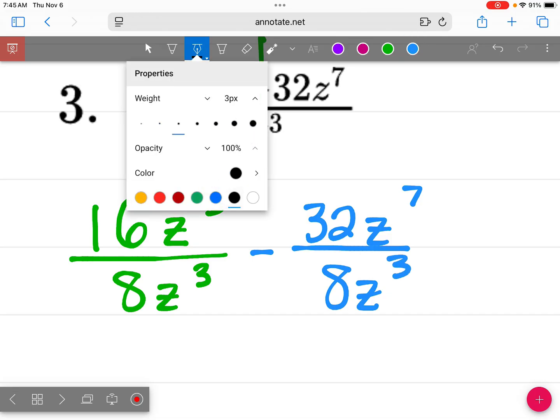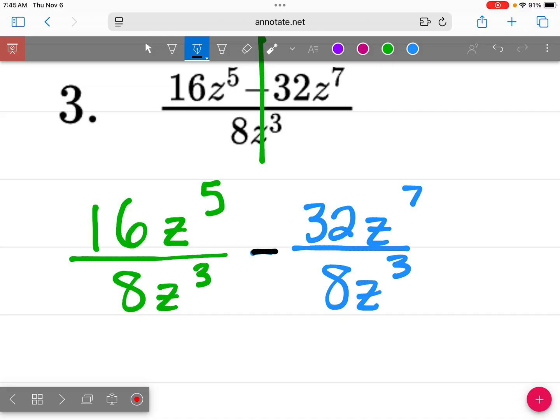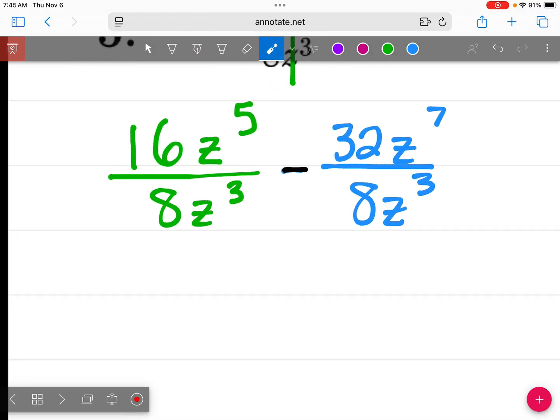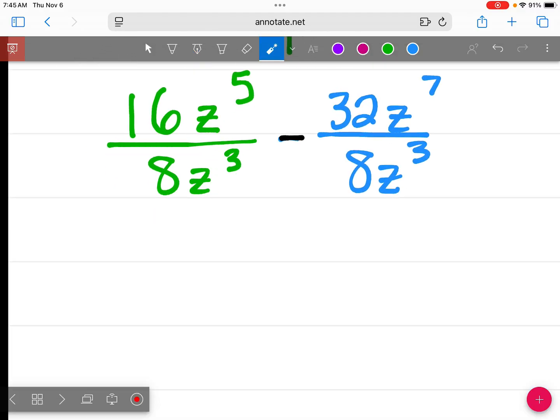No matter what the denominator is, each one of them gets one. Good.